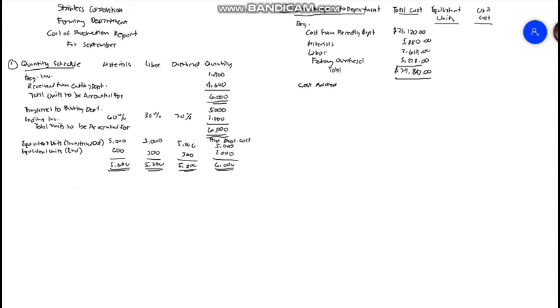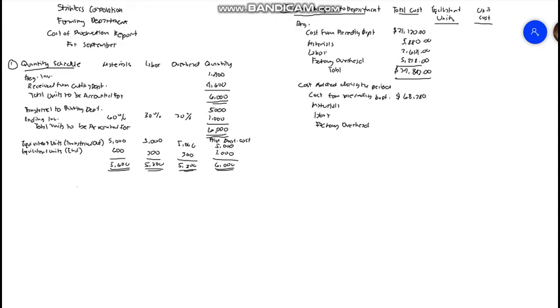Okay, so for the cost added during the period, same as above: cost from preceding department, materials, labor, and factory overhead.